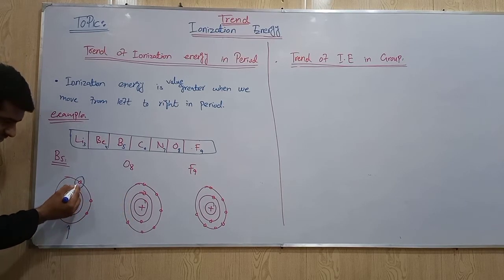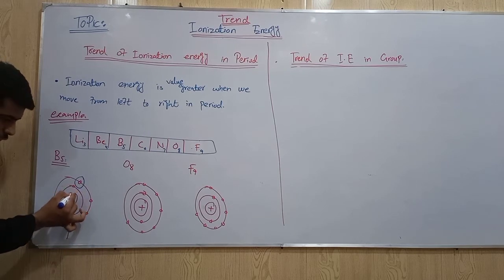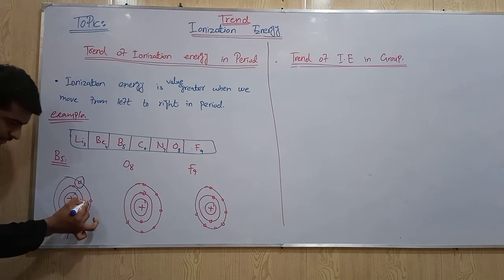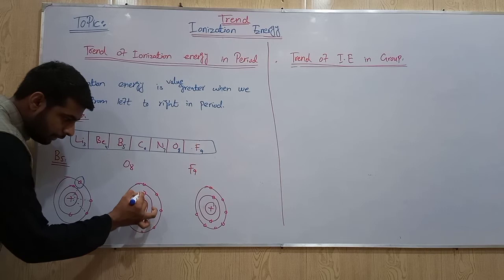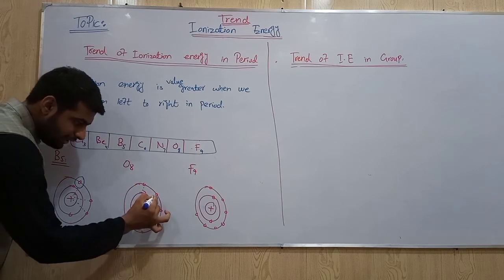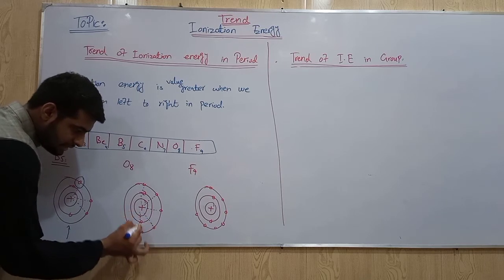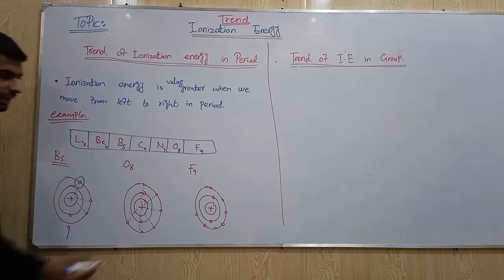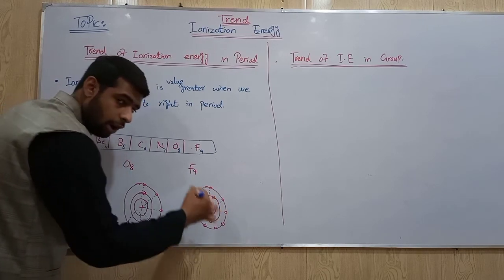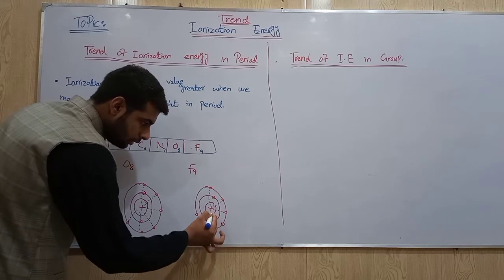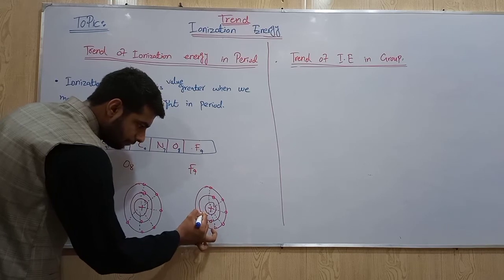Why? Because its valence shell has 3 electrons and the nucleus attraction is just on 3 electrons, but oxygen has nucleus attraction on 6 electrons. Similarly, in fluorine the nucleus attracts the outermost shell's 7 electrons.